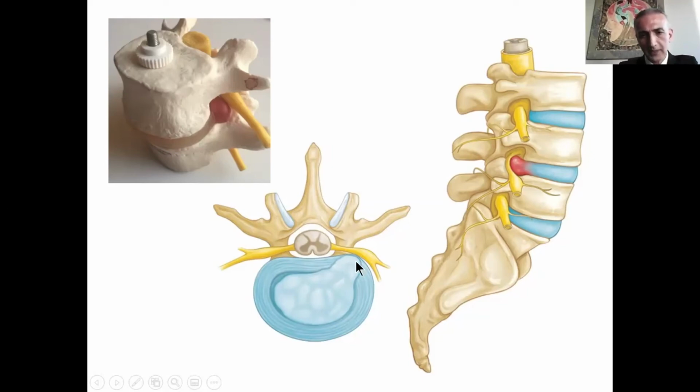Actually, not completed. This outer layer of the ring is still intact, but nonetheless, it impinges the nerve root. You can see here that's a picture of that, and that can cause compression on the nerve root, and subsequently the patient may experience sciatica.